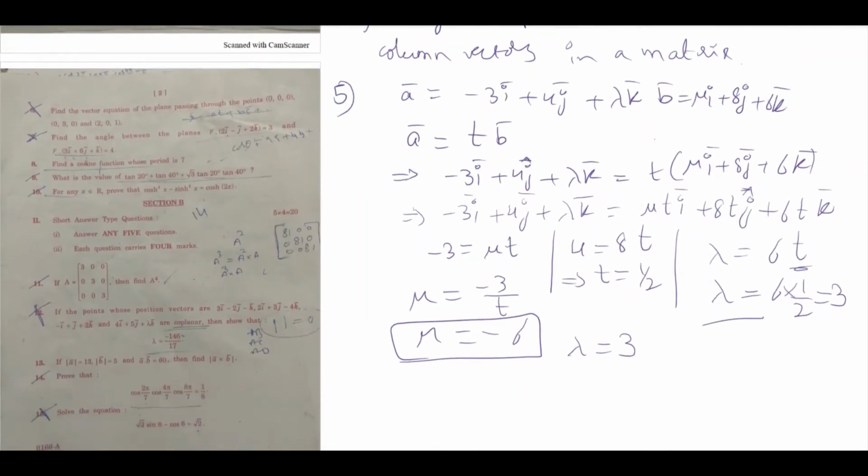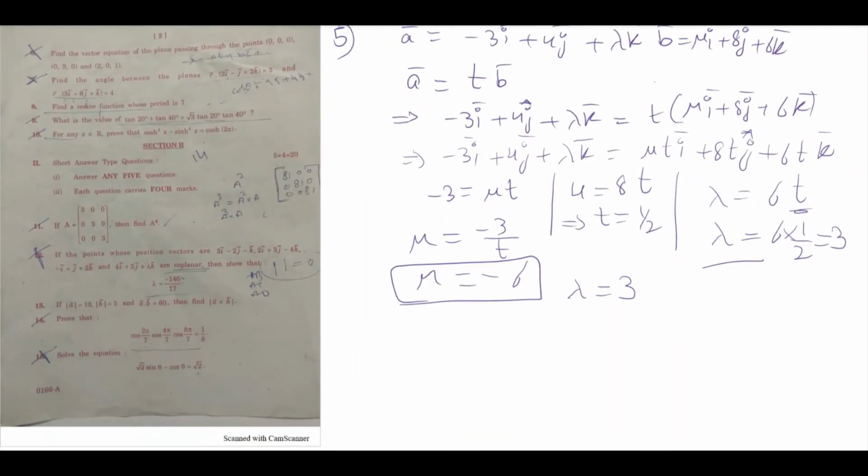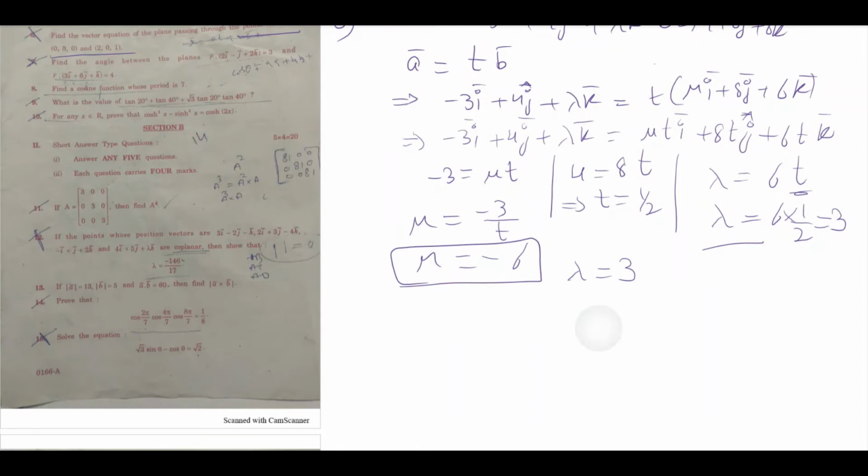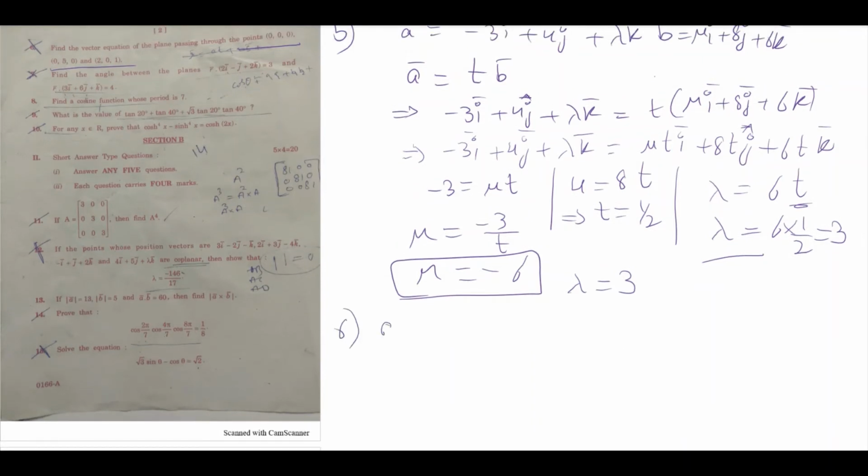Next question is the sixth one. Find the vector equation of the plane passing through the points. So 3 points were given here. We need to find the vector equation. Let the points be A, B and C. I'm writing the position vectors of these points.